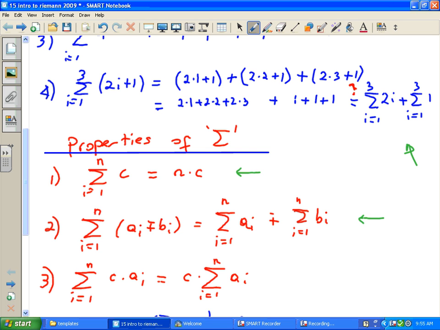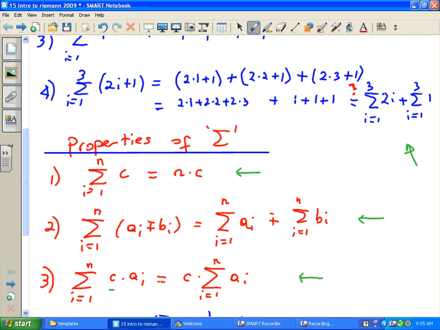And the third property tells us what to do for a constant multiple. If you have a constant C times A sub I, the third property is telling us you can factor the C outside of the summation sign. You see, we took the C out. Why is C a constant and A sub I not a constant? What's the difference between them?